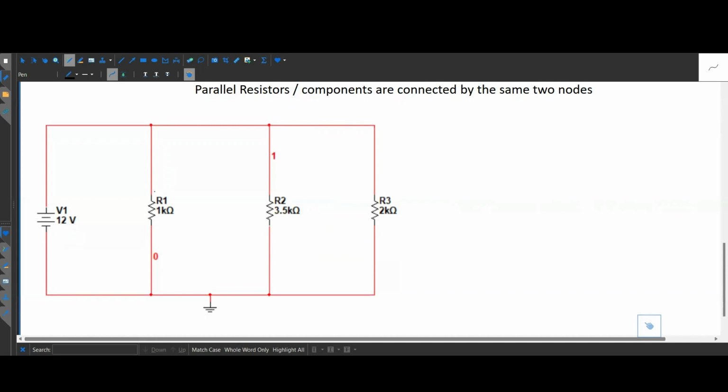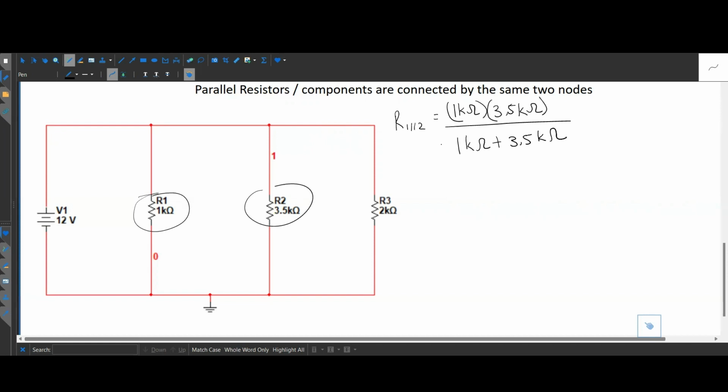Let's just add R1 and R2 together in parallel. So R1 parallel with R2: you do the product over the sum, 1 kilo ohm times 3.5 kilo ohms divided by 1 kilo ohm plus 3.5 kilo ohms.